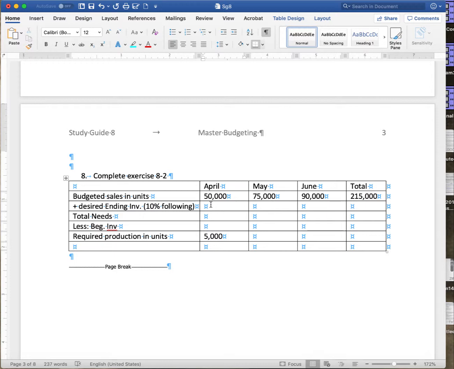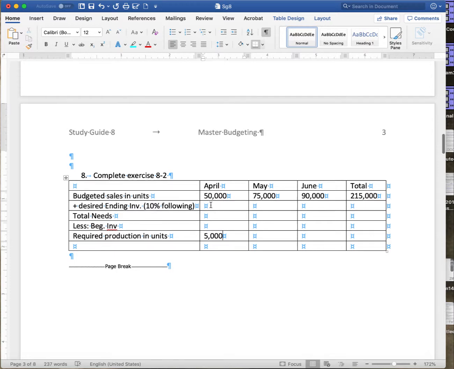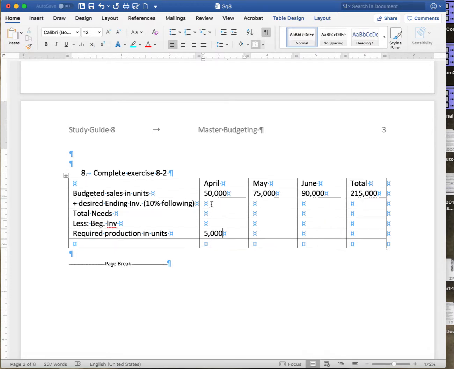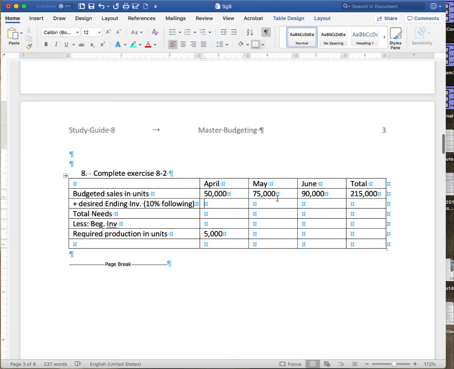But we also need to include that desired ending inventory of 10% of the following month. So what is our desired ending inventory? To figure that out, we need to look at budgeted sales in May, which is 75,000. We multiply that by 10%, we get 7,500 units. That means at the end of the month, we want to have 7,500 units left over so we can start May.